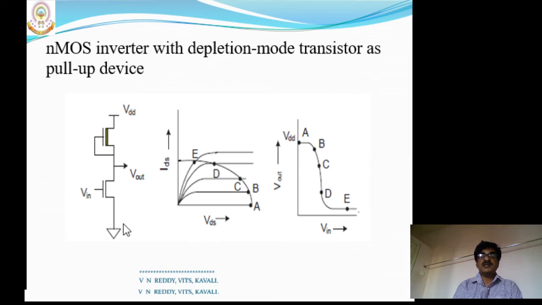That is called the static current flow. Because of that current, the power dissipation is large, known as static power dissipation. You can observe that the power dissipation is high in the depletion mode transistor used as a pull-up device.